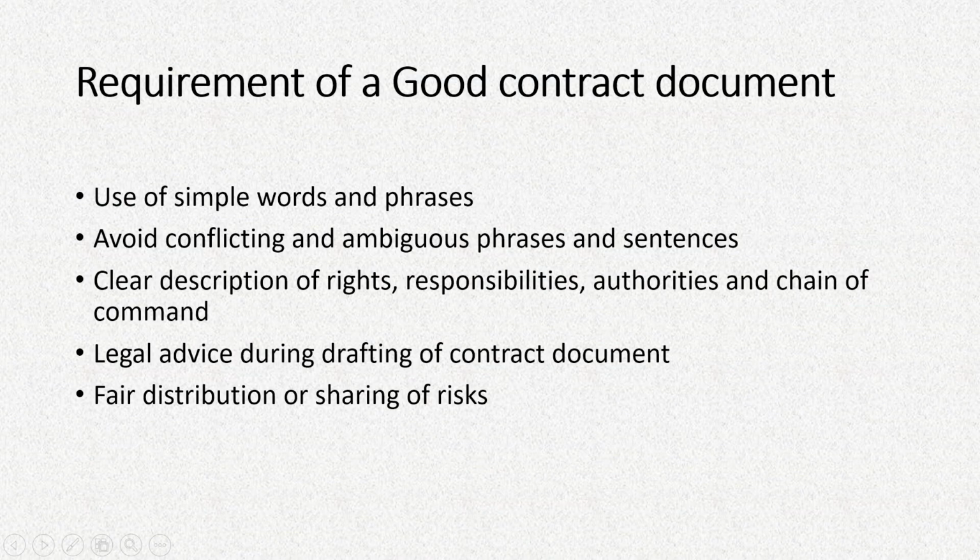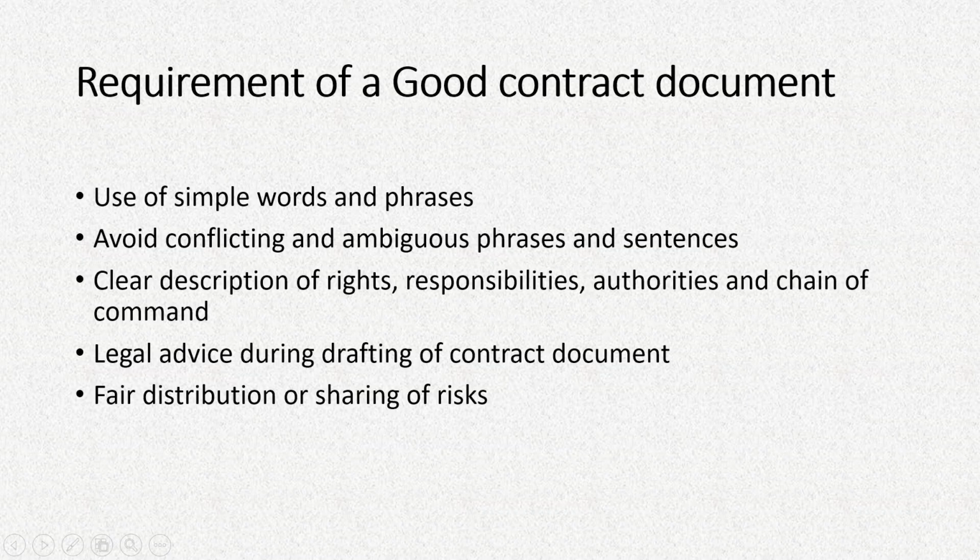So from all these discussions we have a general idea that a good contract document has to use simple words and phrases. As far as possible, it is advisable to avoid conflicting and ambiguous phrases and sentences. It's also important to clearly describe rights, responsibilities, authorities, and the chain of command.